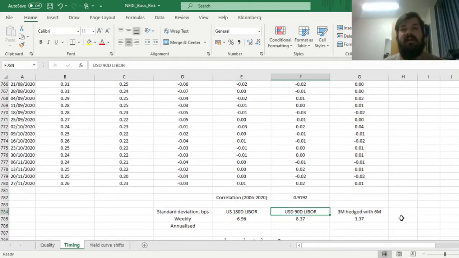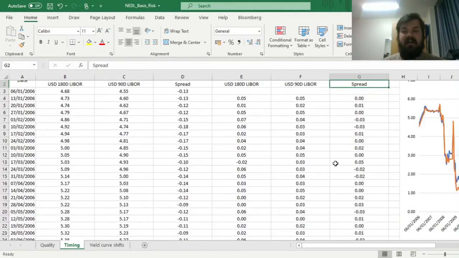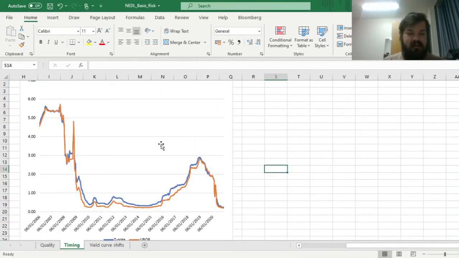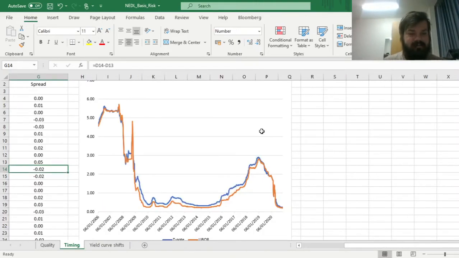Well, it makes sense given that short-term liquidity can be more volatile in its price than longer-term liquidity, especially given these two episodes where shorter-term liquidity was at a premium and longer-term liquidity didn't change that much in its price, corresponding to the 180-day LIBOR rate.